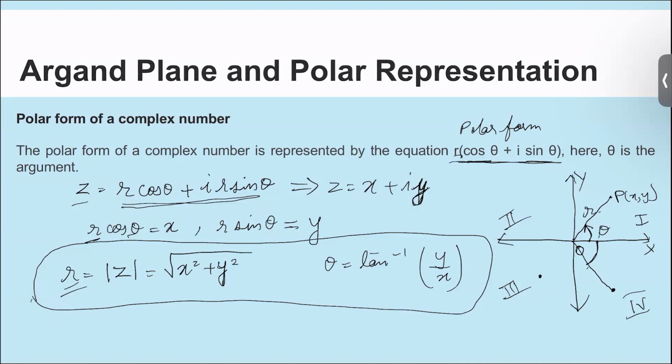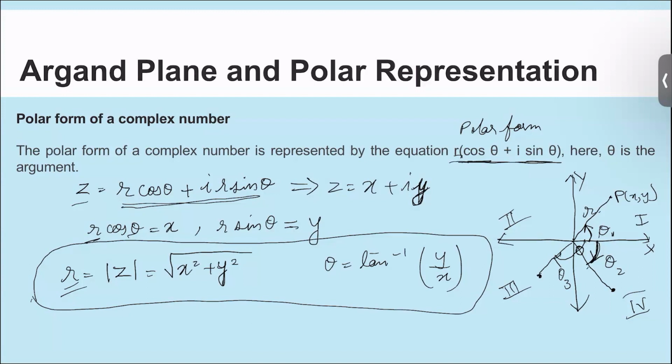It will be measured in the clockwise direction when it is in the third or fourth quadrant. So this is your theta 2, theta 1, and this would be your theta 3. The way we measure the angle, or the argument of z, differs when the points are in different quadrants.